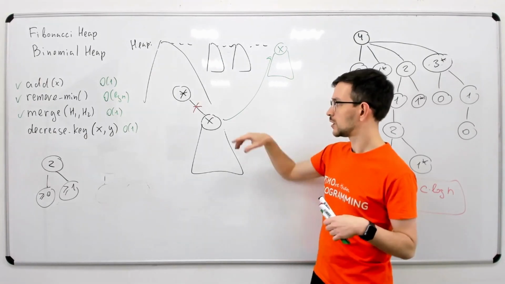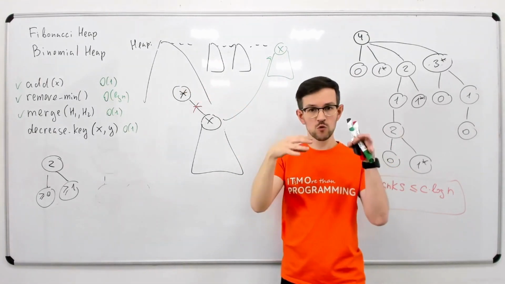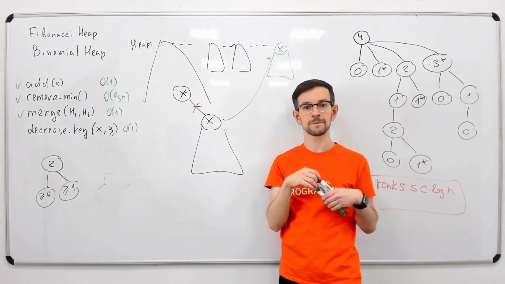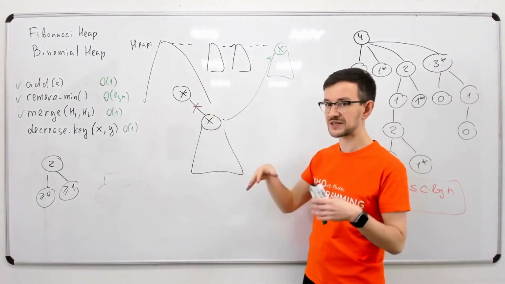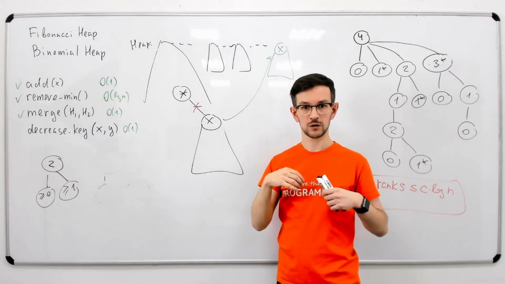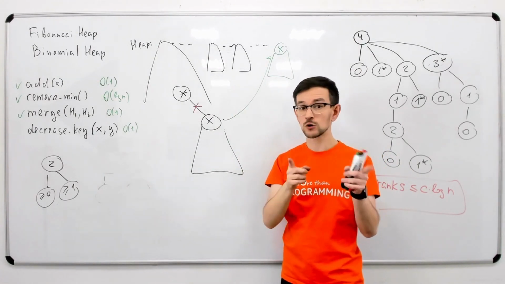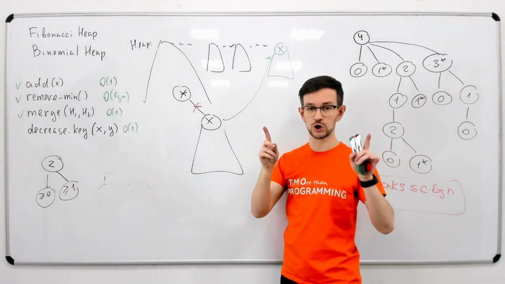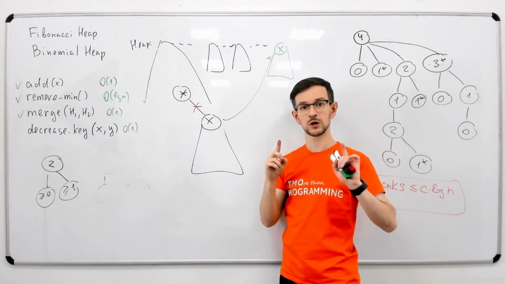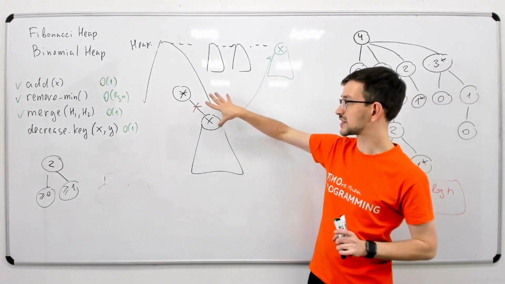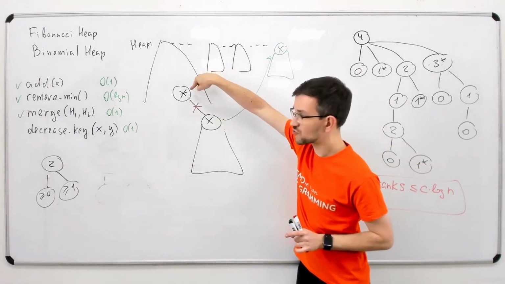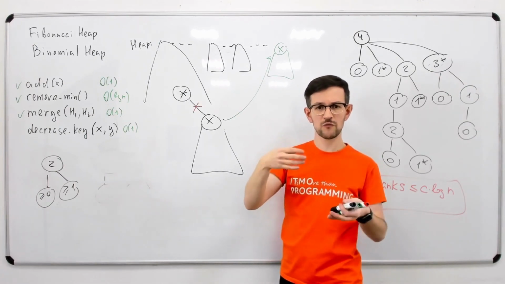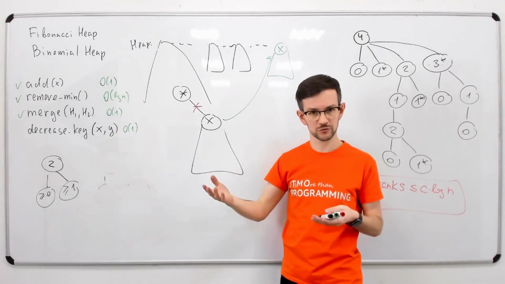This mark shows that you removed one element from this node, and now you remove the second element from this node. That's not good. We don't allow removing 2 children from the same node. So when this happens, this tree is kind of invalid. It was a tree of rank k with 2 children removed.